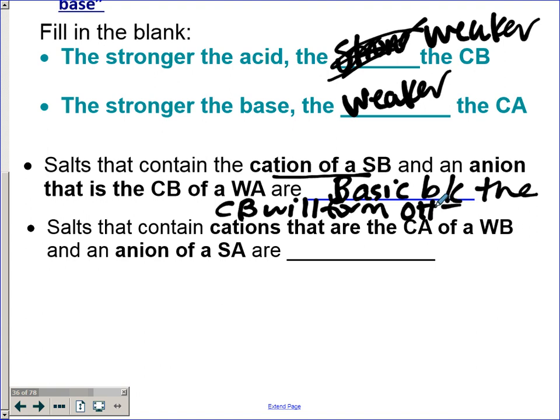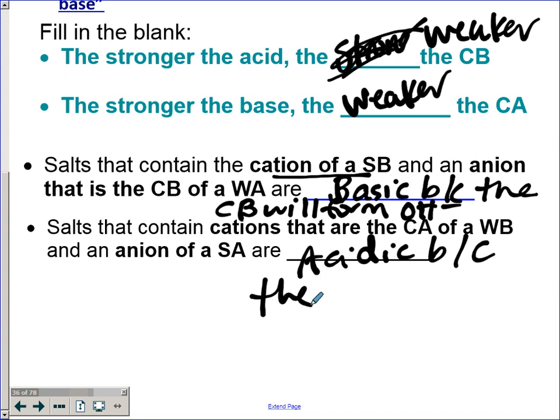it's undergone hydrolysis. And then salts that contain cations, the conjugate acid of a weak base, and an anion from a strong acid are what? Acidic, and that's going to be because what's the important part of the salt? The cation or the anion in this case? The cation, right, which is the conjugate acid of the weak base.